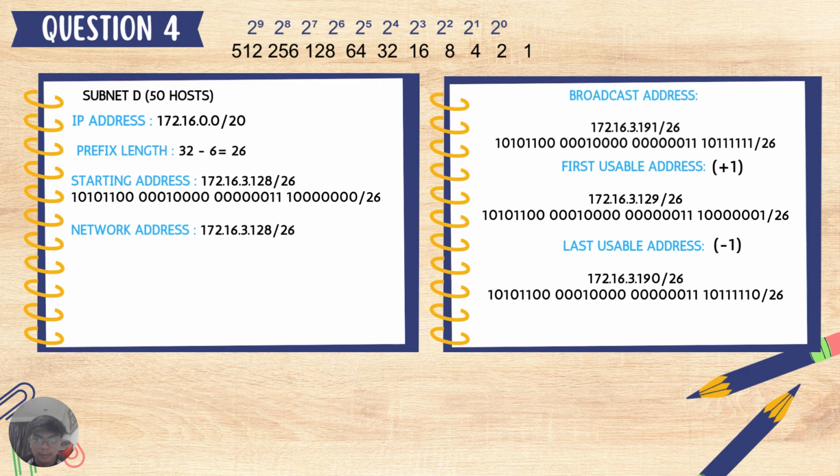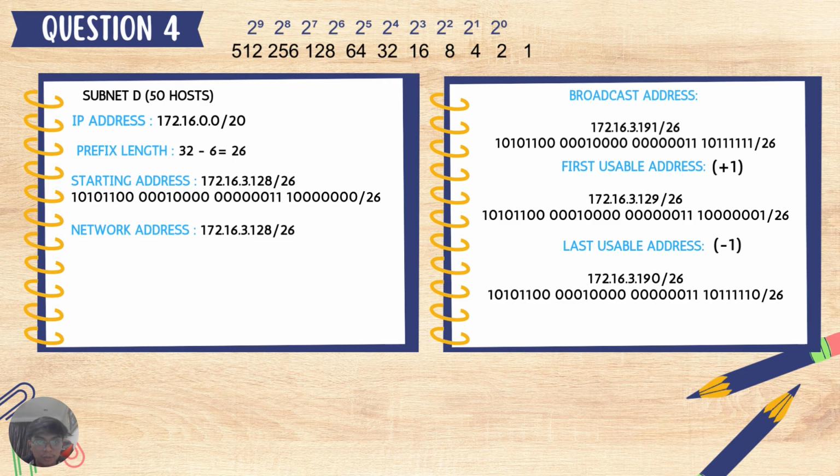Next, last but not least, is question 4. Question 4 is subnet D, which has 50 hosts. The IP address is still the same as the question given. Now we need to find the prefix length. We choose 6 because subnet D has 50 hosts, and the closest to 50 hosts is 64.